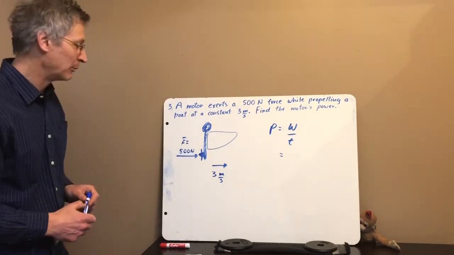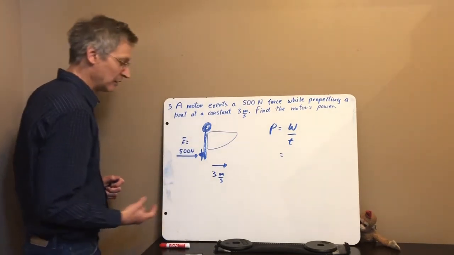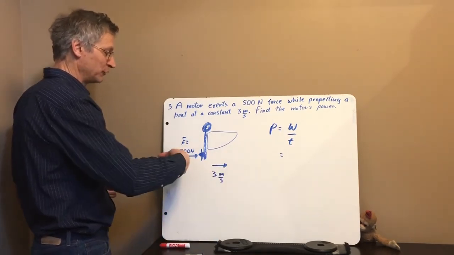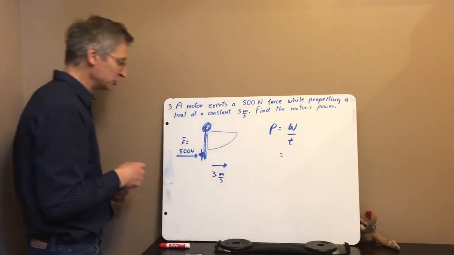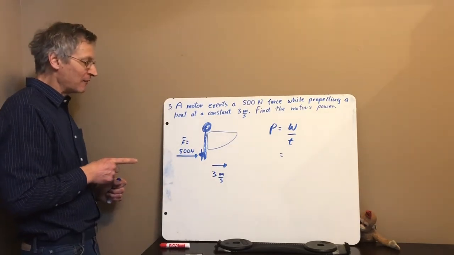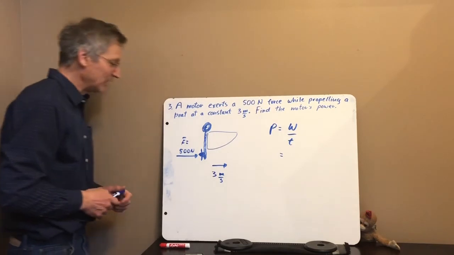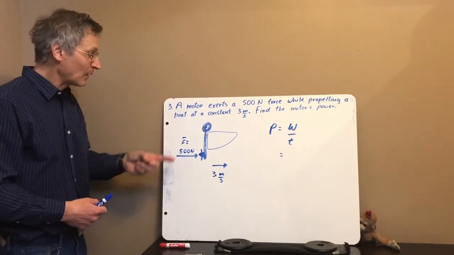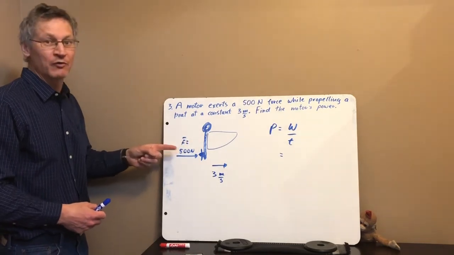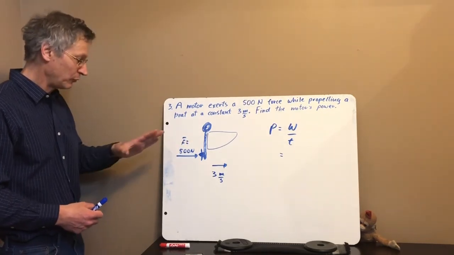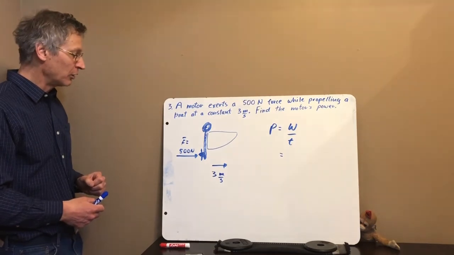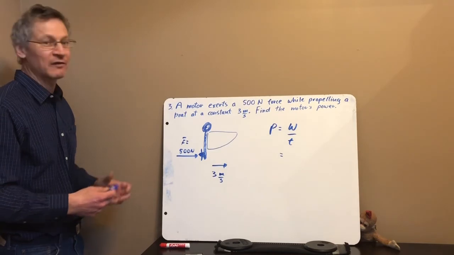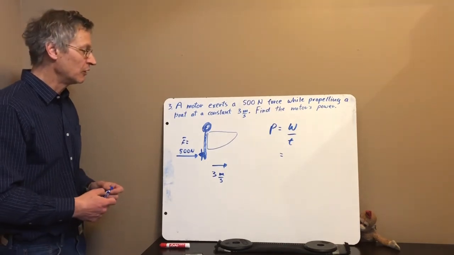You've got to remember that the motor pushes backwards on the water with a force of 500 newtons, and the water pushes forward on the boat with 500 newtons. Even though technically that's the water pushing on the boat, remember, the motor is still responsible for that 500 newtons of force. So of course, that's what we're using. And the boat's going at 3 meters per second, and that's a constant velocity. It's not accelerating.